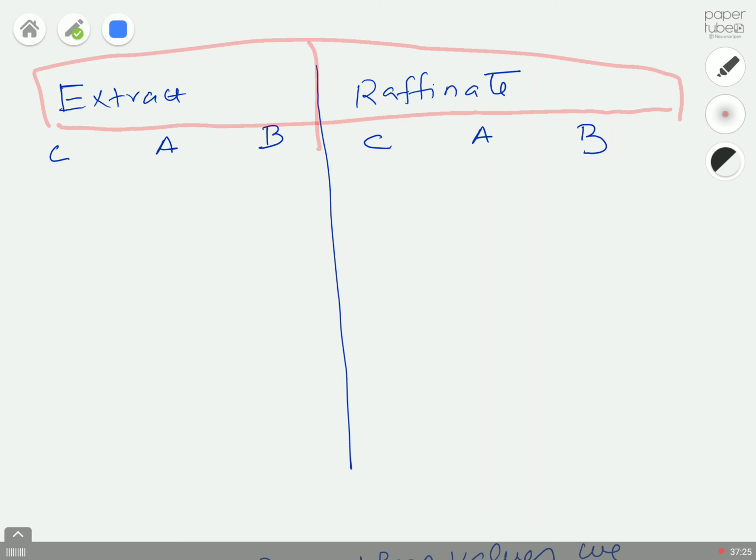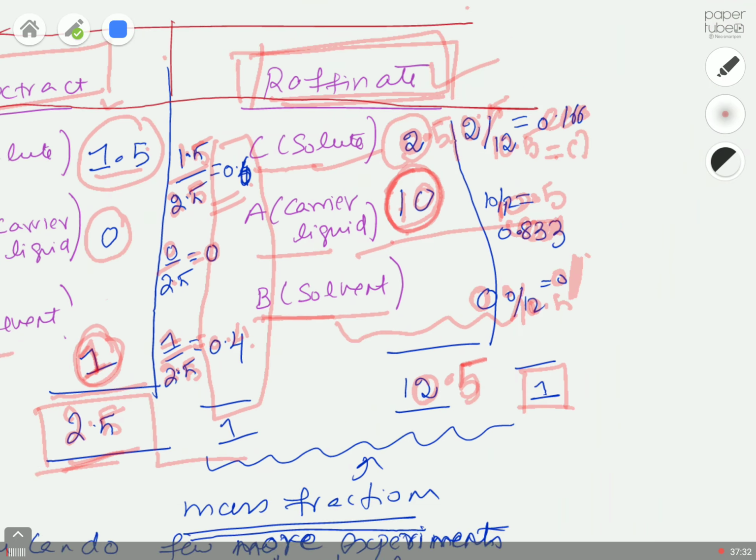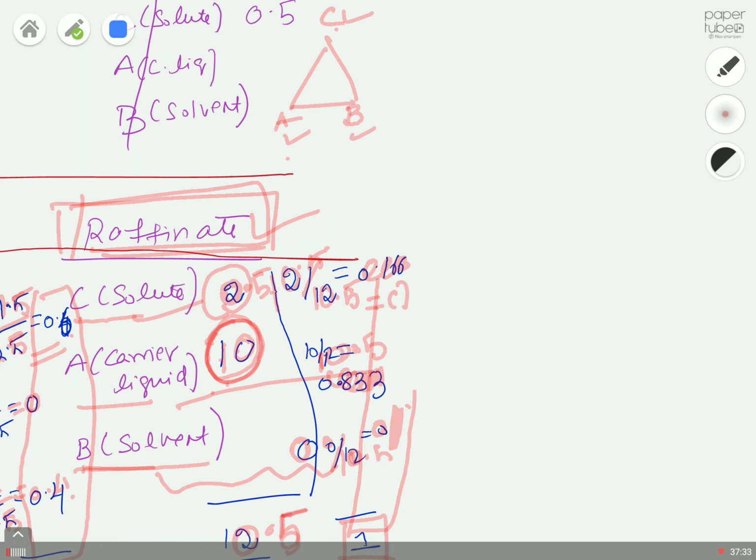Let me go back to this page. Whatever values you have here, we call this liquid equilibrium data. For example, this point: 0.6 weight fraction of your solute, 0 of your carrier liquid, and 0.4, that's the fraction of your solvent.